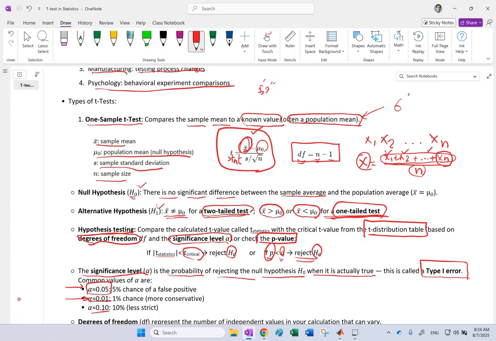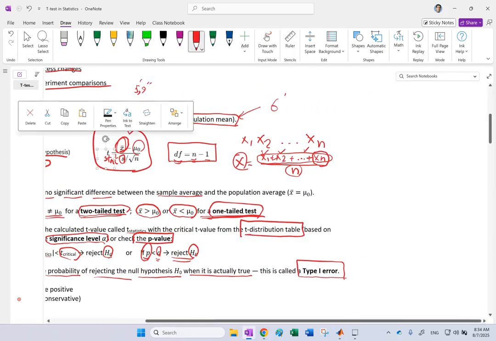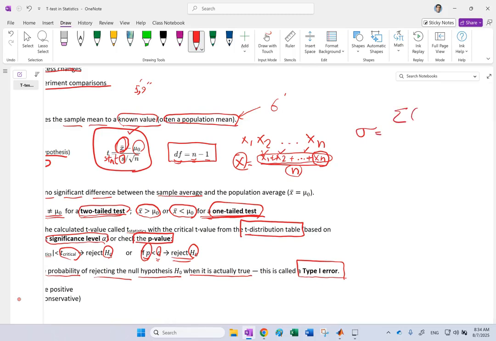Okay, that's one thing. The other thing I want to briefly mention is this S here is called the sample standard deviation. This is different from the standard deviation for a population. So for a population, sigma, the standard deviation, is summation of the data minus the average squared divided by the number of data.